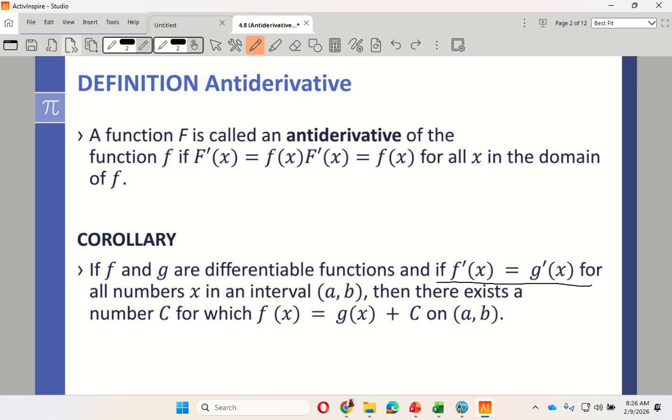So for all numbers in x in an interval from a to b, then there exists a number c such that f of x is equal to g of x plus c on the interval. Because if there is no c, wouldn't that be the same line? Yeah. So they have to be different by something. Okay?